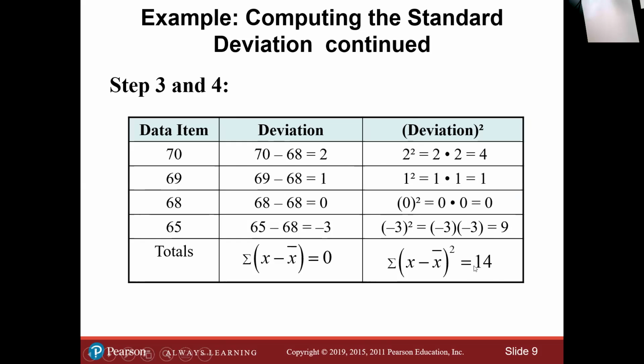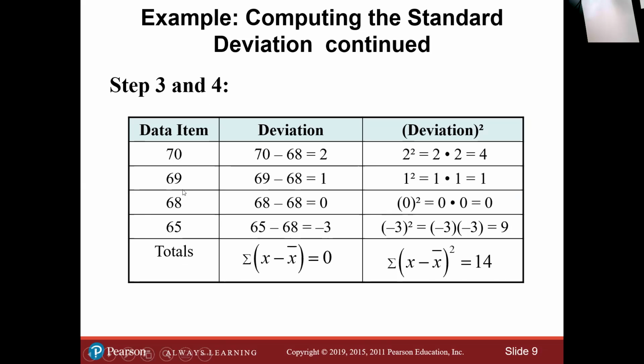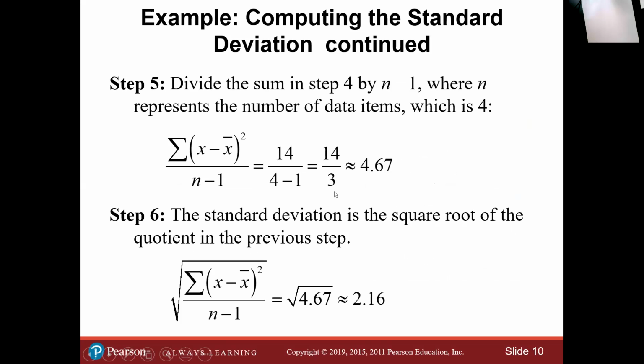Now, if we continue with the formula, divide by n minus 1. N is 4 because there are 4 data points, which gives us a variance of 4.67. Then we take the square root to get the standard deviation of 2.16 years. Okay, let's move on.